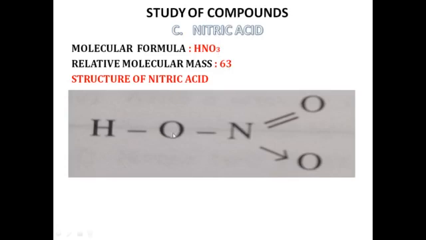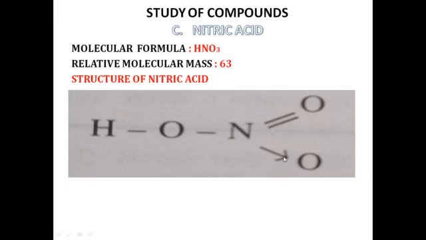And this is the structure of nitric acid. In nitric acid, the atoms present are hydrogen 1 atom, oxygen 3 atoms, and nitrogen 1 atom. Hydrogen and oxygen are combined by a single covalent bond, and oxygen and nitrogen are combined with a single covalent bond. But this oxygen and nitrogen are linked with a double covalent bond, and this is a coordinate bond.